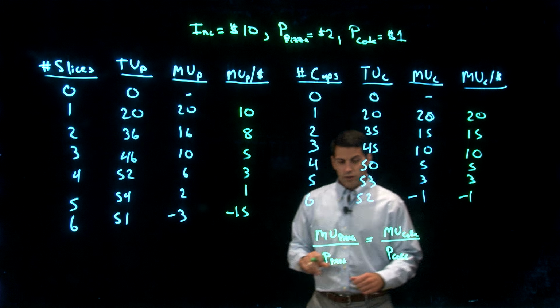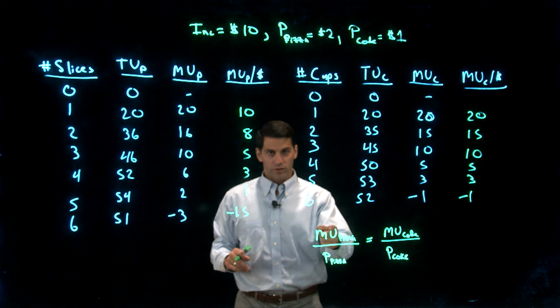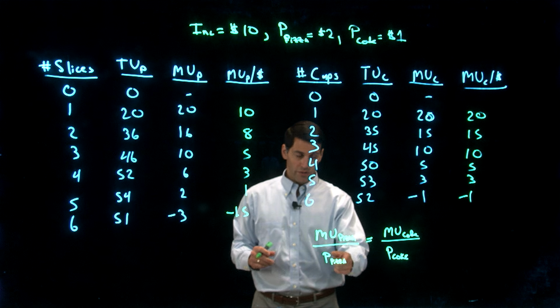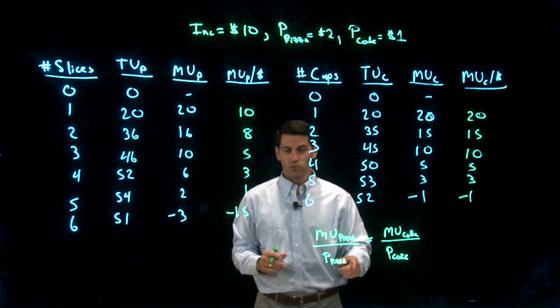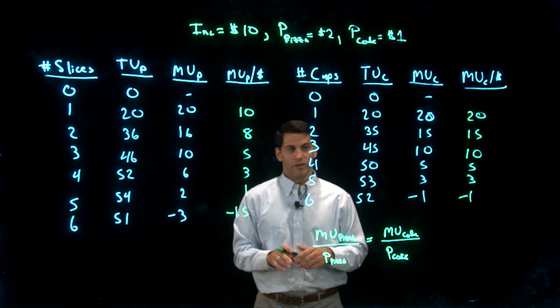So the marginal utility per dollar for pizza and the marginal utility per dollar for Coke are equal. That is where our consumer will maximize utility.